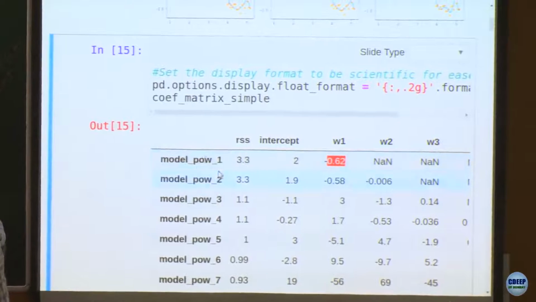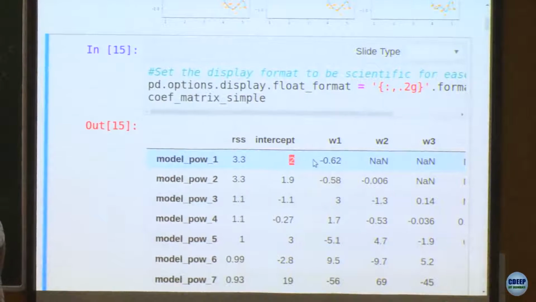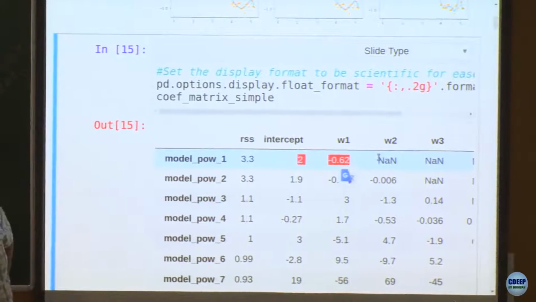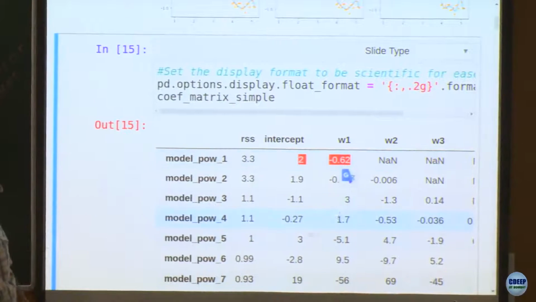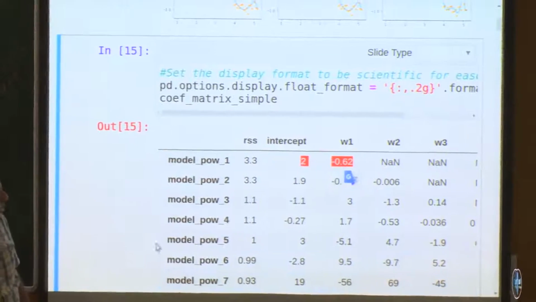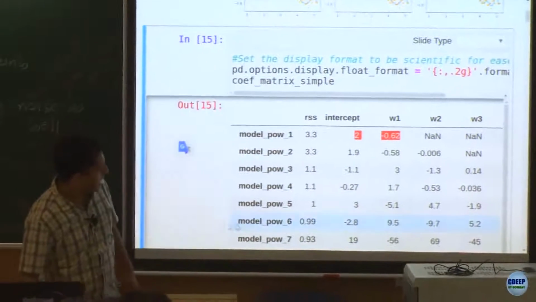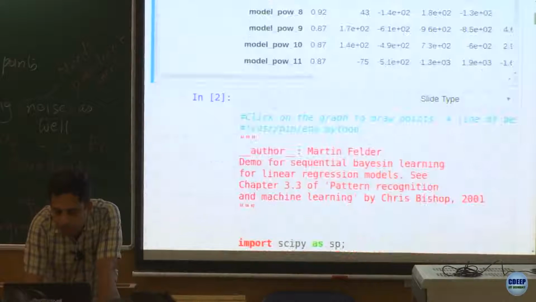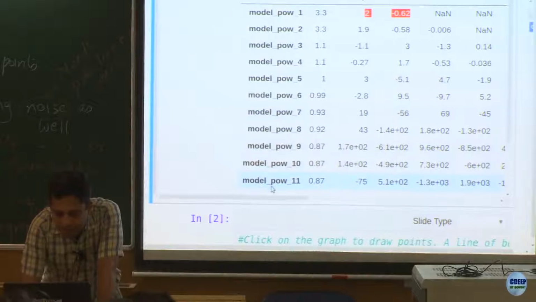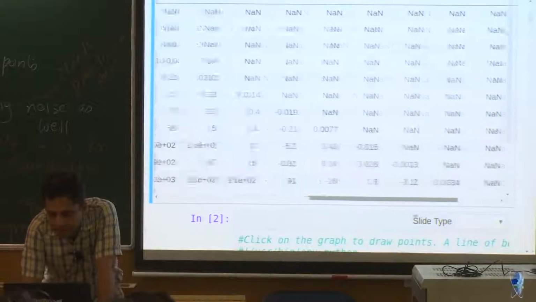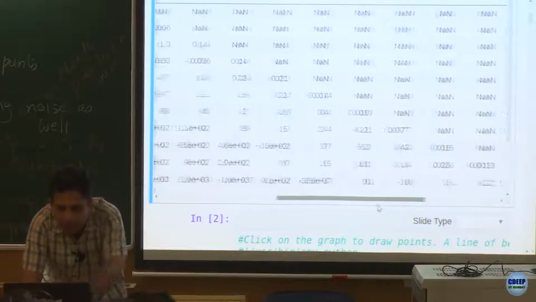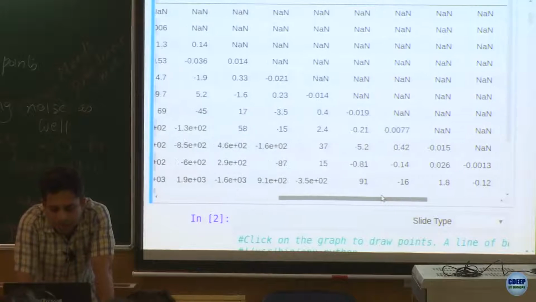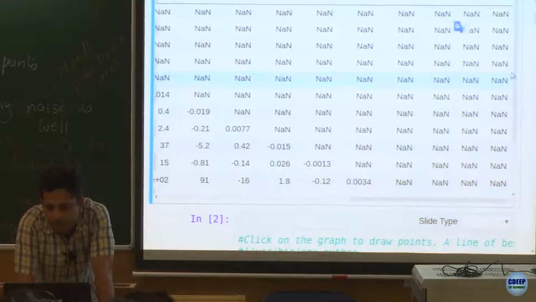For the model with power 1, you will find that the first two are non-zero, and the rest are supposed to be 0. As I proceed to higher degree, you will find that more and more of the W's become non-zero.